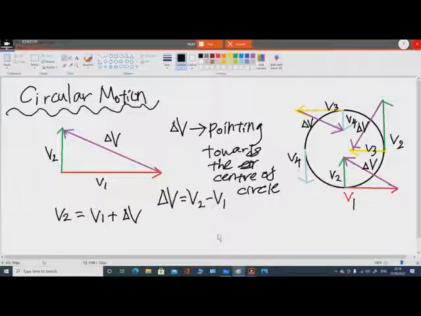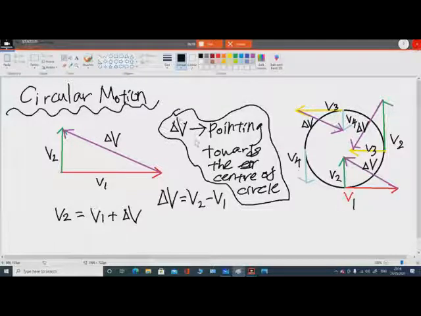Okay, what does this statement mean? Let me briefly explain. We know that the direction of the velocity keeps changing. As the velocity changes from V1 to V2, from here to here, there will be a change in velocity.